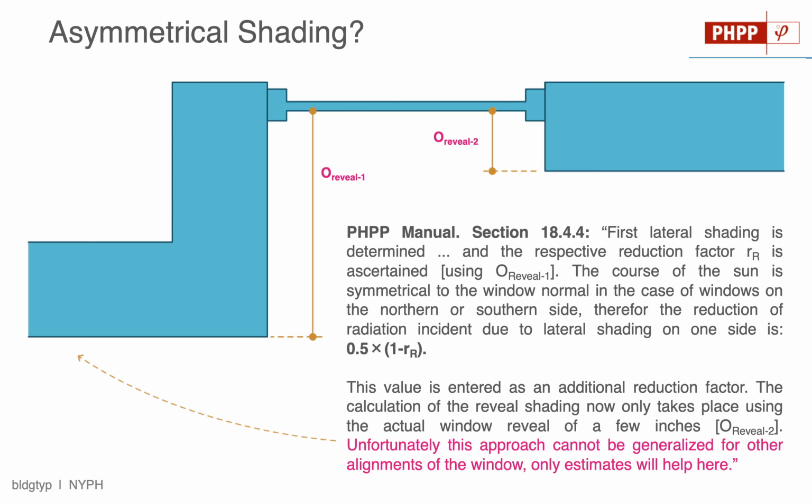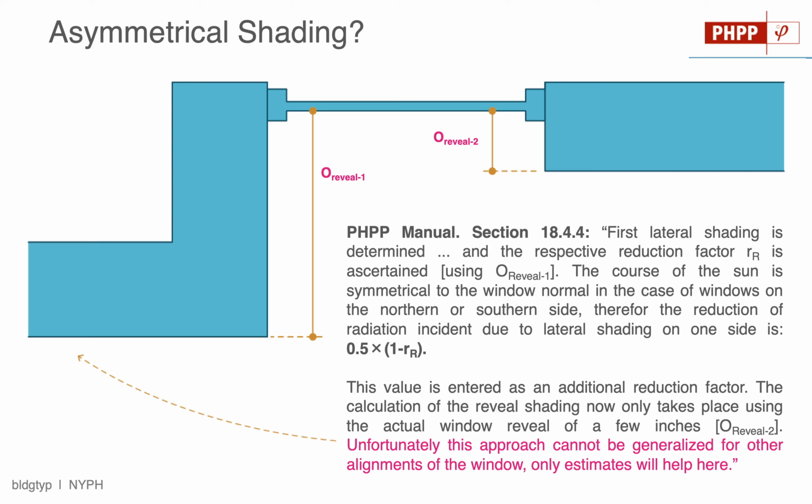However, what the PHPP manual also says is that this method I just described really only makes sense if you're talking about a north or south facing window, something where there's a uniformity, a symmetry in the sun path around the window. And it says very straightforwardly, unfortunately, this approach can't really be generalized or applied to east and west facing windows.